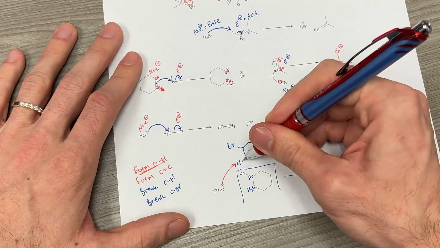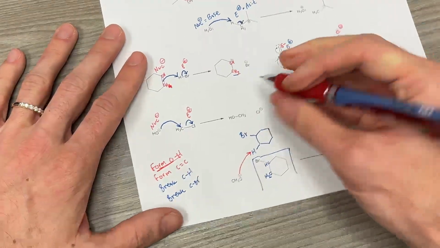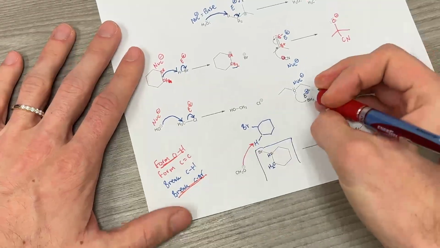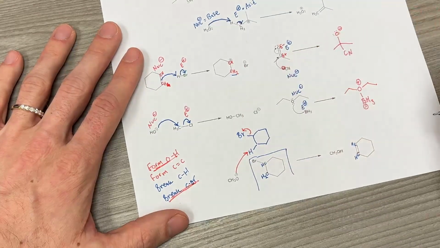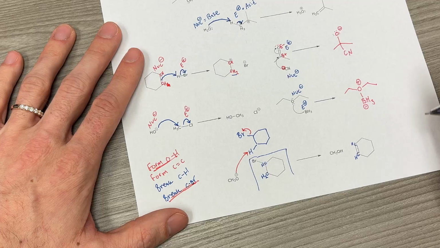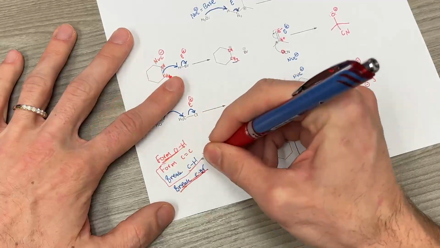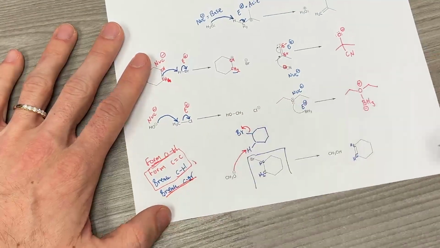Now, I know these electrons will go back to carbon, but I'm not quite sure how carbon will use them. So let me now show that the carbon-bromine bond breaks. That, of course, will break towards the bromine because bromine is more electronegative. The only thing that I have not done yet, I have not broken the carbon-hydrogen bond, and I have not formed the carbon-carbon bond.